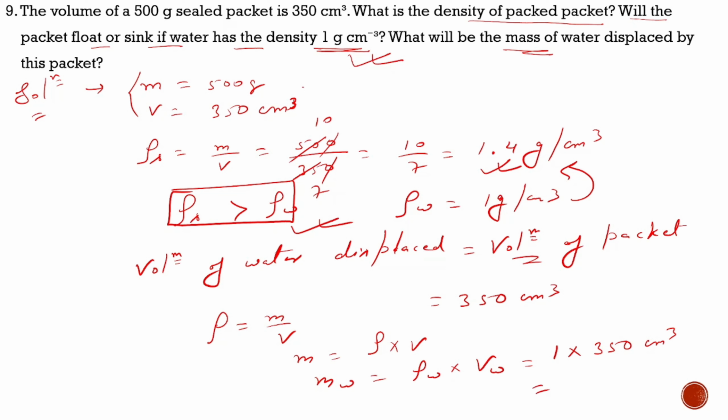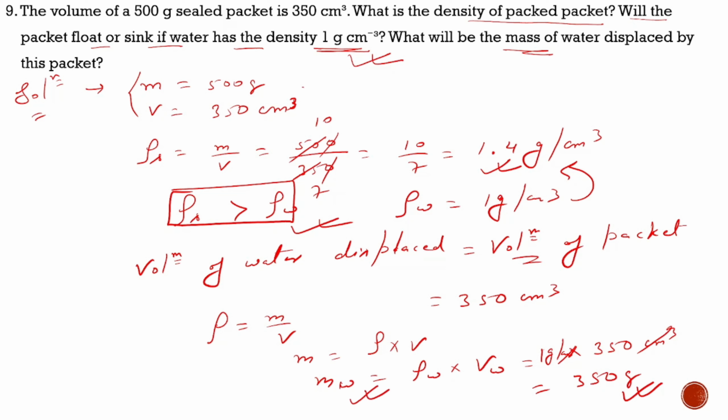So the mass that is displaced is 350 gram. The centimeter cube will cancel out, and 350 gram will come out as the mass of water.